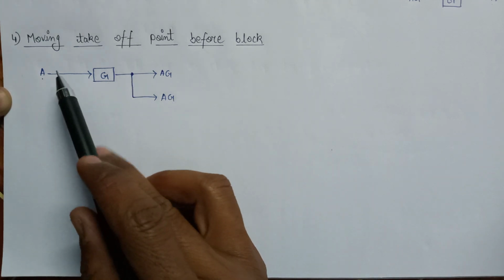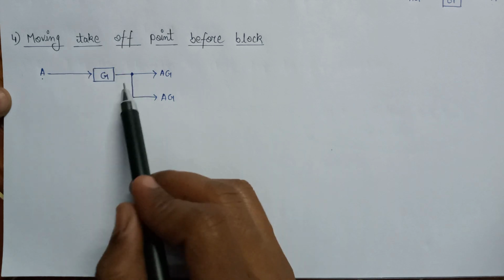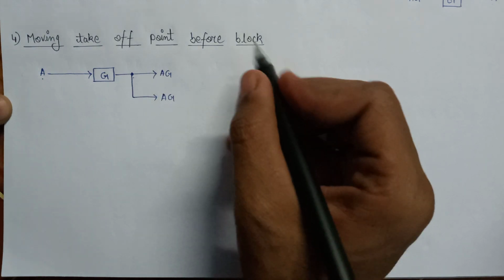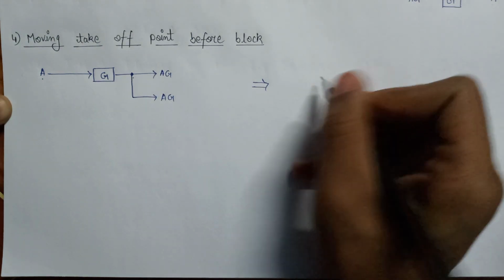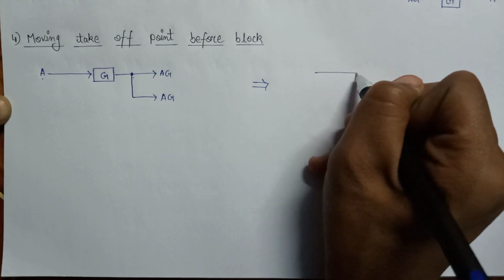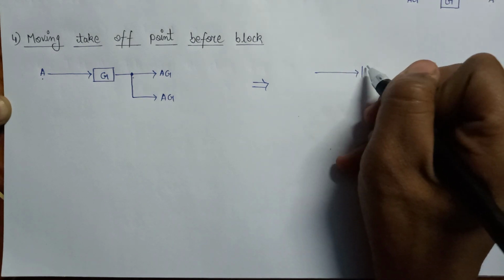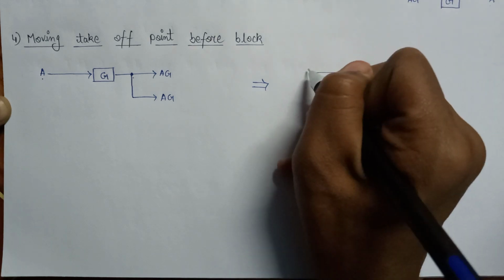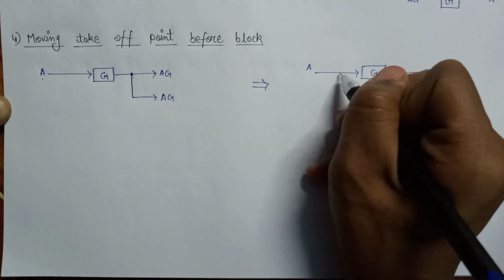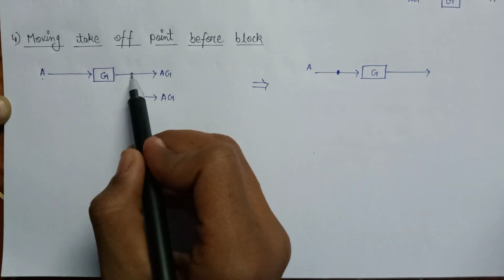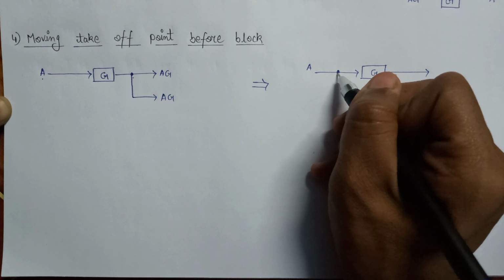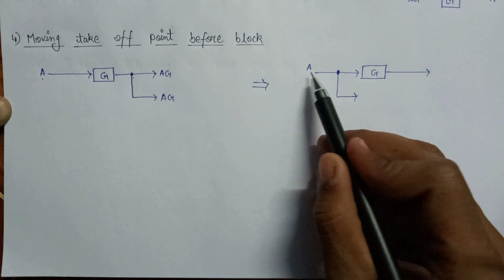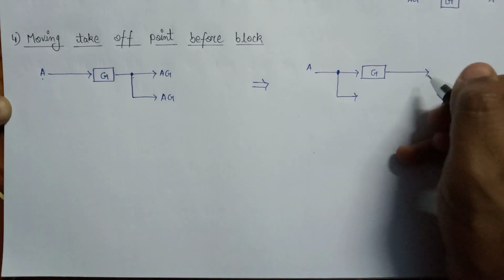Now according to the rule, if we move this takeoff point before the block, then what will happen? If we move the takeoff point before the block, then it will look like this. Here is the takeoff point that is being shifted before the block. Here the output of this branch will become AG.